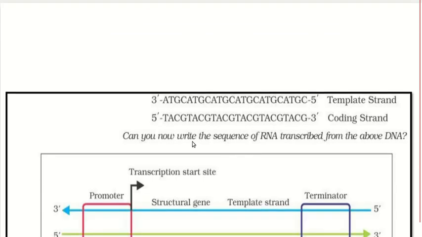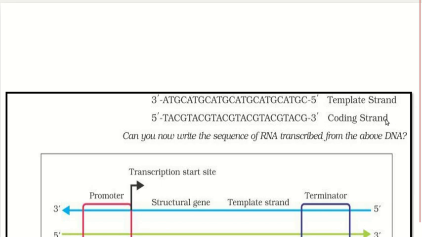The next one has been asked for 1 mark questions. The template strand is given in the question, and you are asked to write the coding strand. The coding strand is complementary to the template strand. Now the question they have asked is, can you write the sequence of RNA transcribed from the above DNA? There is a template strand and a coding strand. The template strand is going to be used for synthesis.